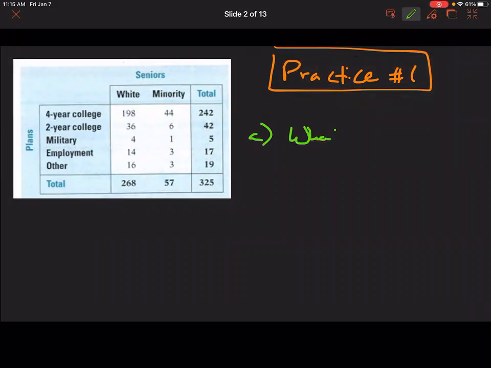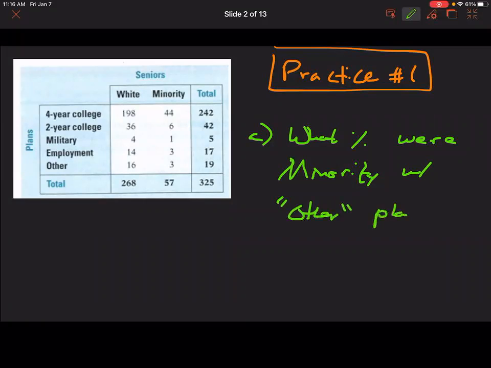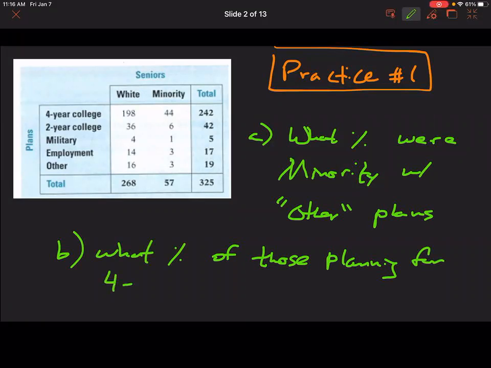Let's say what percent were minority students with other plans, and what percent of those planning for 4-year college were minority students?